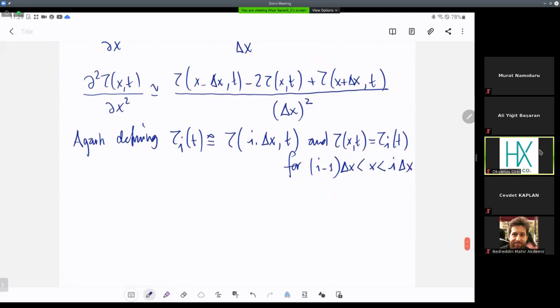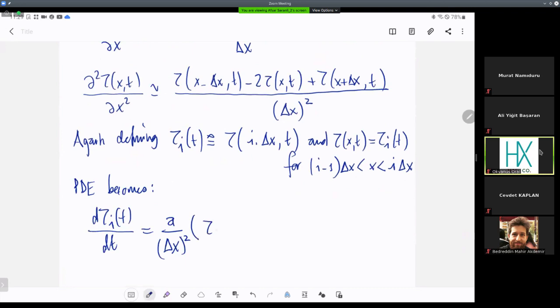And therefore, our differential equation, or rather our PDE, becomes d tau I of t over dt, the derivative, is actually equal to A over delta x squared, times tau I minus 1 of t minus 2 times tau I of t plus tau I plus 1 of t.